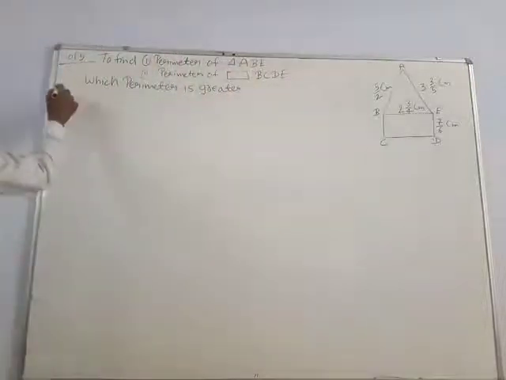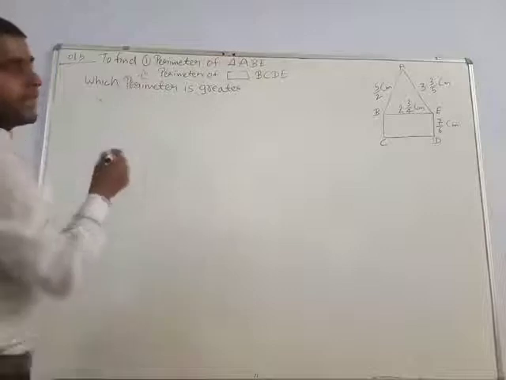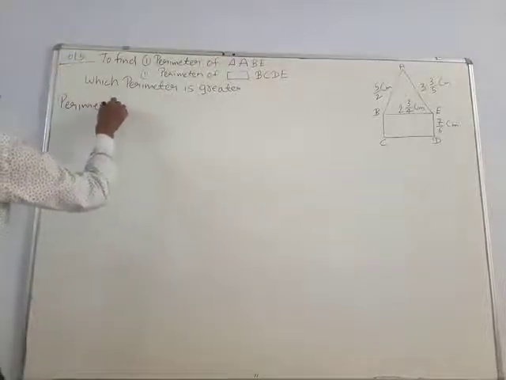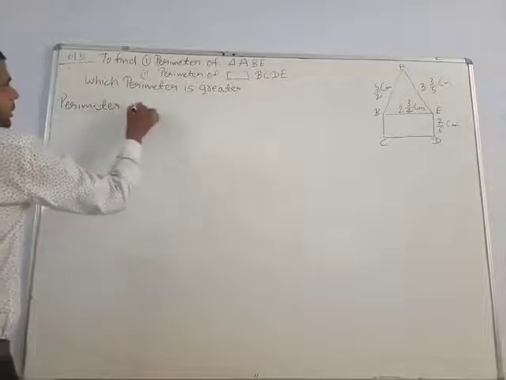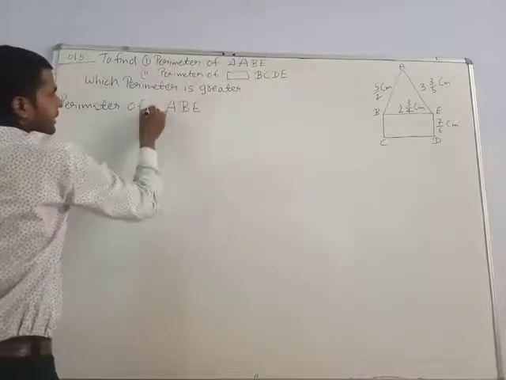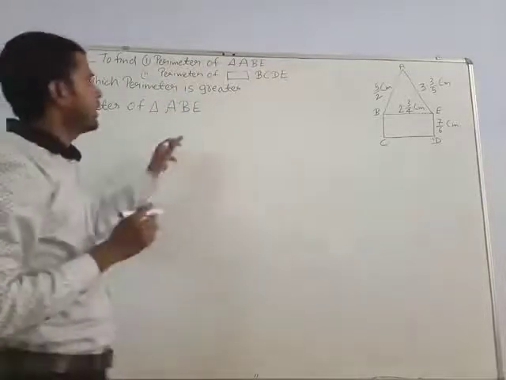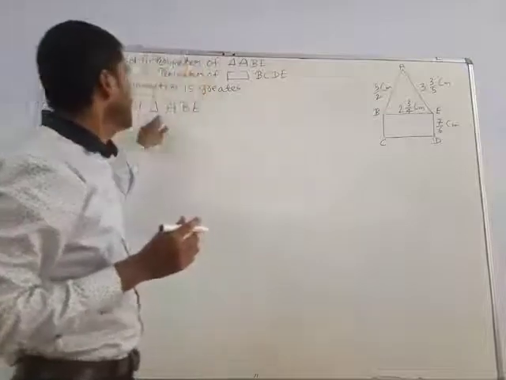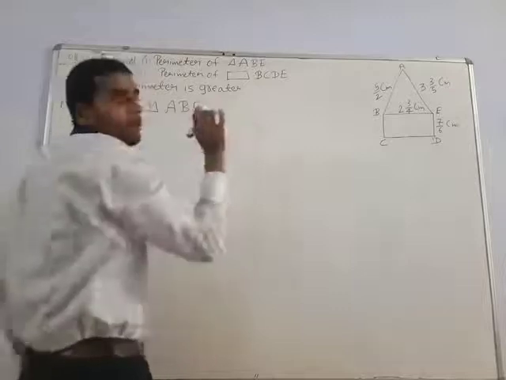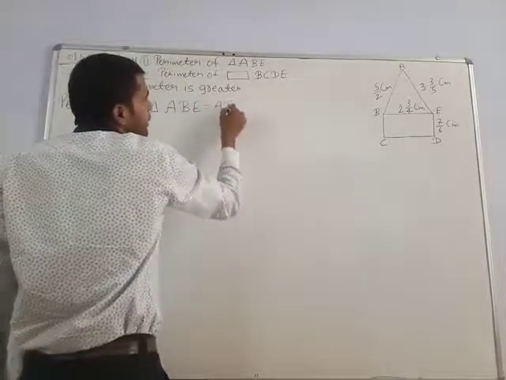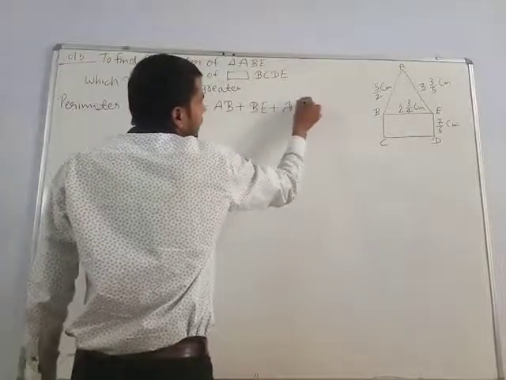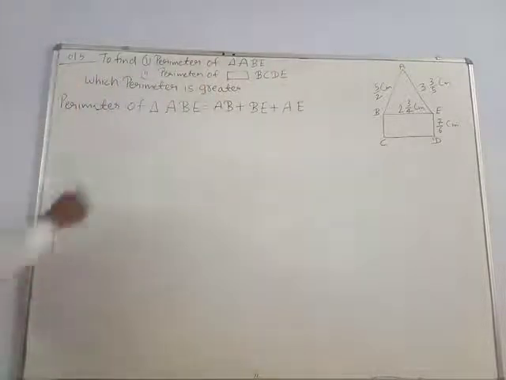So first, the perimeter of triangle ABE. This is a triangle. In ABE there are 3 sides, so you have to add all the sides, means AB plus BE plus AE. Right?